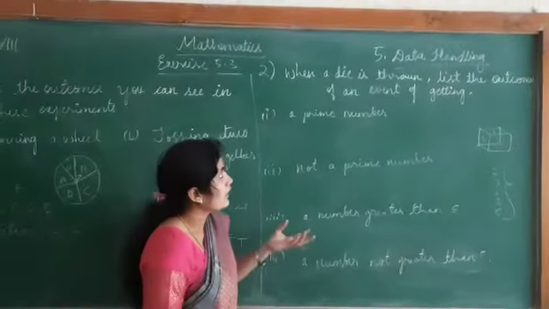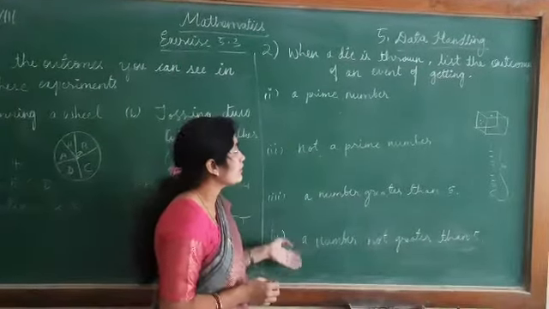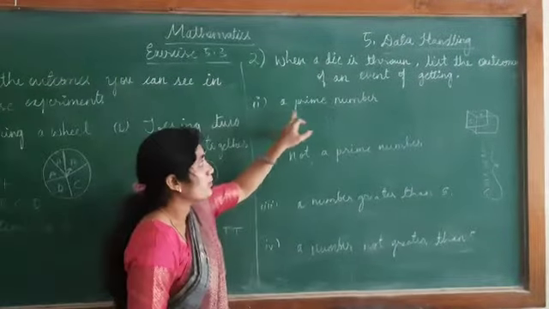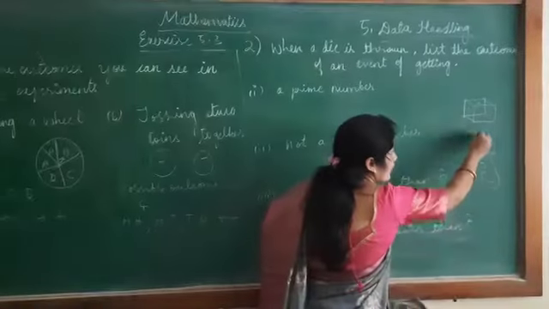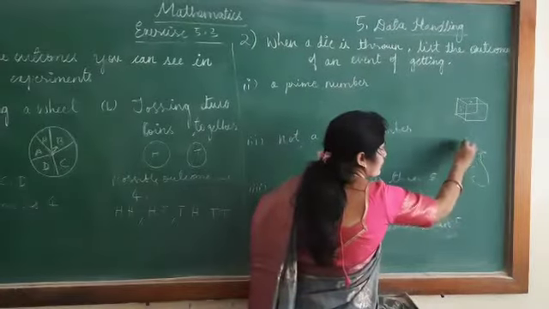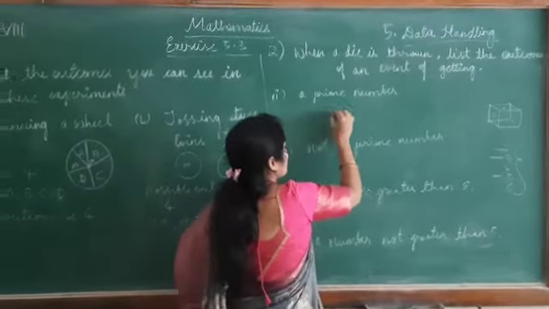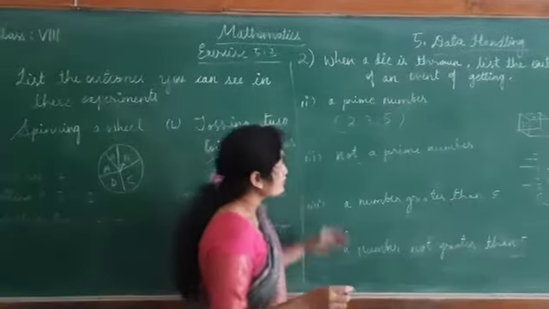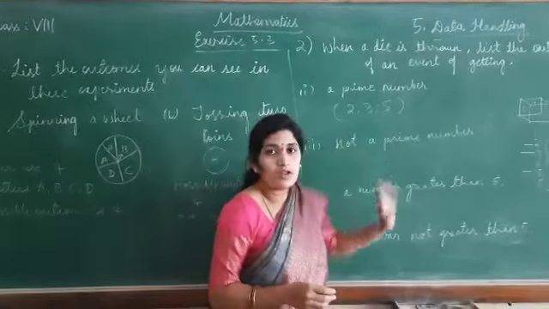When you throw a die, you may get any number, but here some conditions are given, and according to that we should write the outcome. A prime number: how many numbers are prime among 1, 2, 3, 4, 5, 6? 2, 3 and 5. So there are 3 prime numbers possible as outcomes when you throw a die.